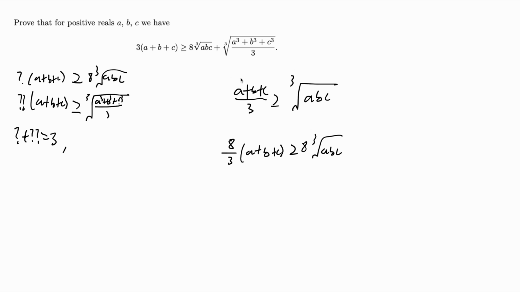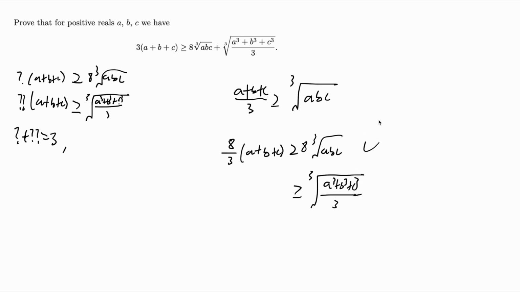Now I was trying to do the second one, but the second one was quite difficult, and the reason is that in order to fulfill this one, we have to know that this one is true.